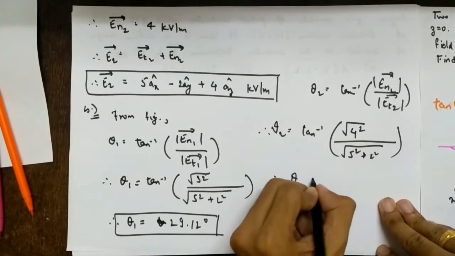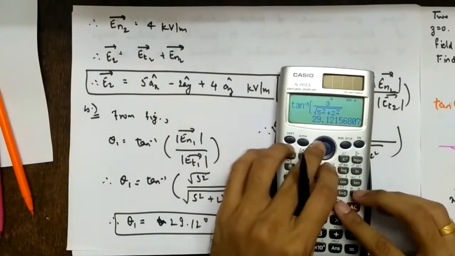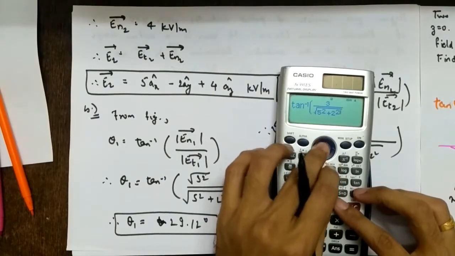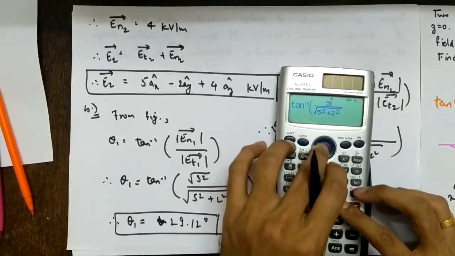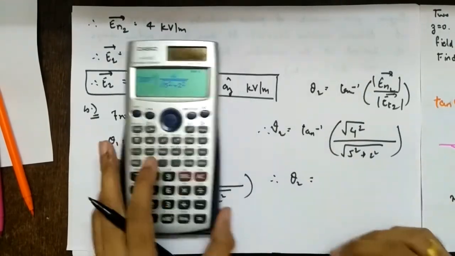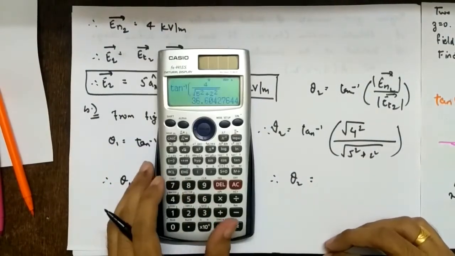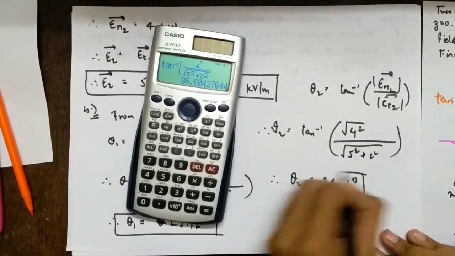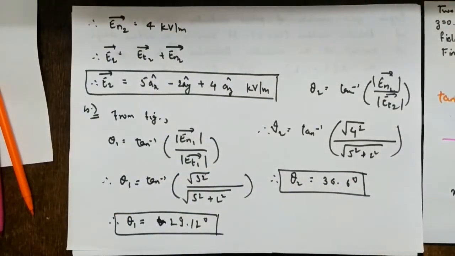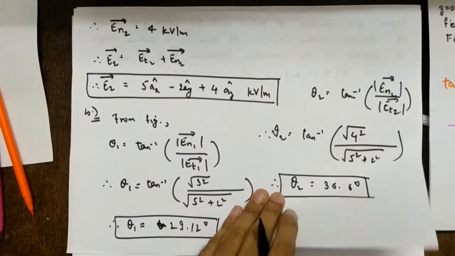So same thing we have, instead of three we have 4. So 36.6 degrees, right? So this is how you have to solve the sums.